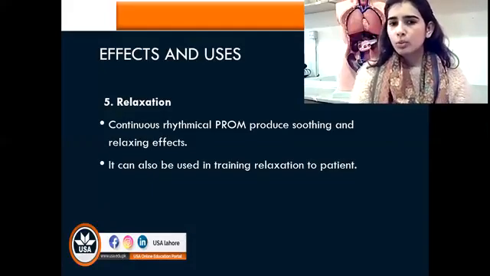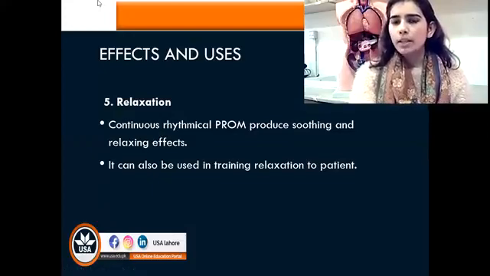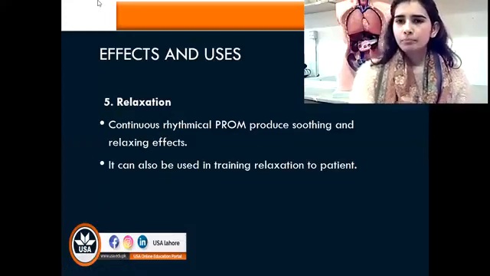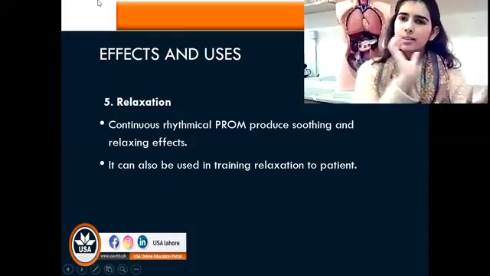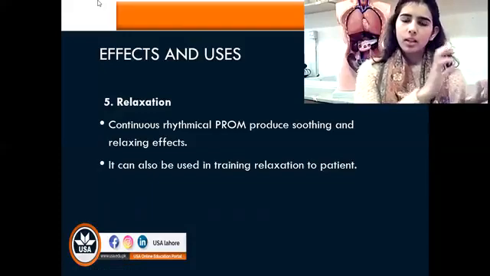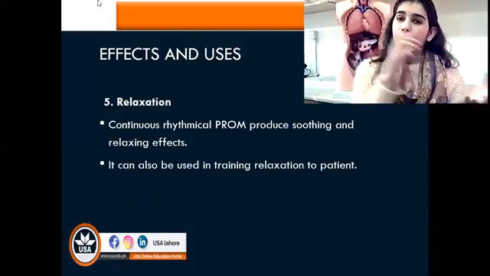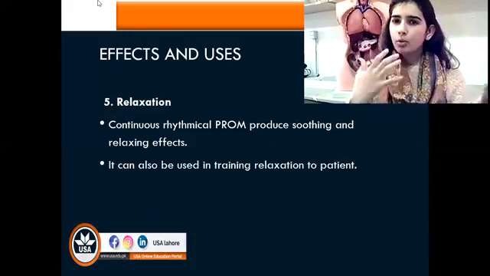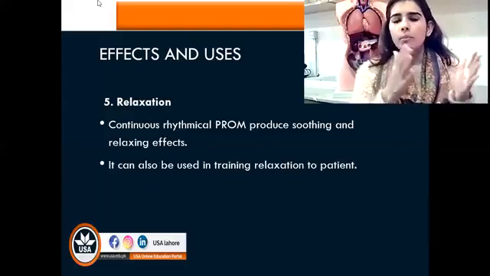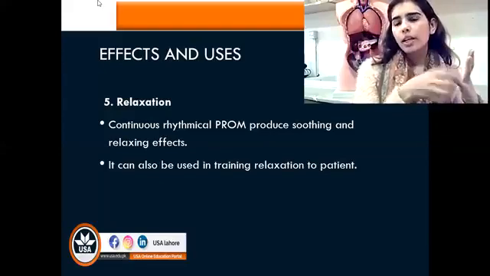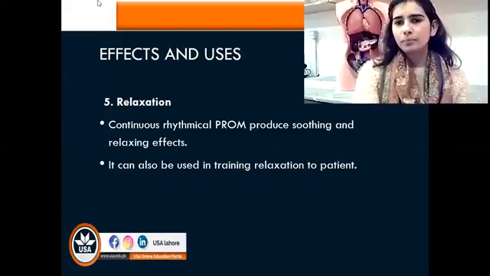And it can also be used in the training of relaxation of a patient. So when it is required for a patient to train how to relax his body, it's sometimes necessary to passively contract that muscle and then elongate it, in order to let him realize what the lengthening effect is, and how his muscle was initially contracted and now it is being relaxed.